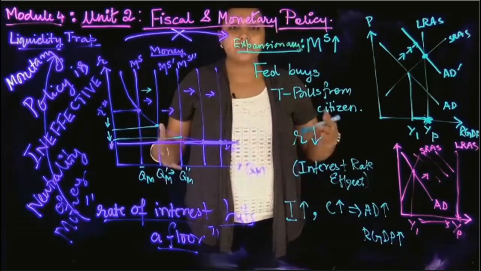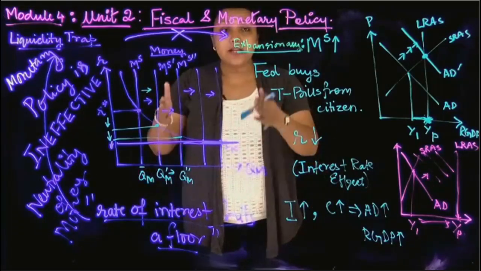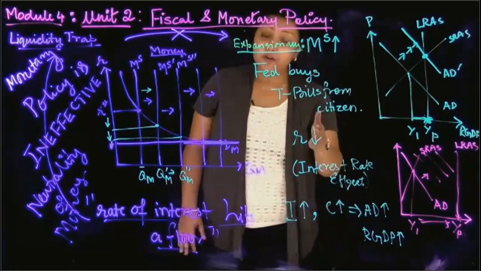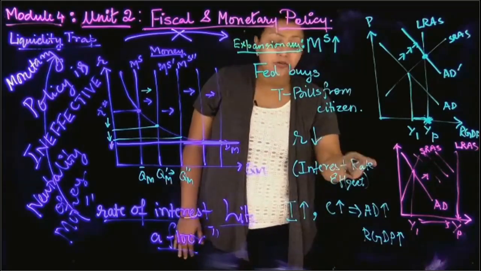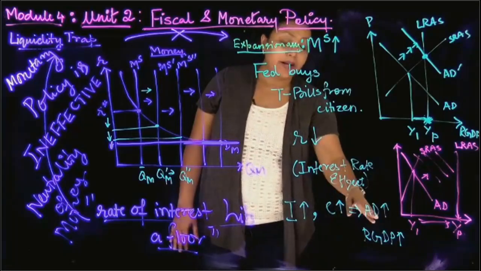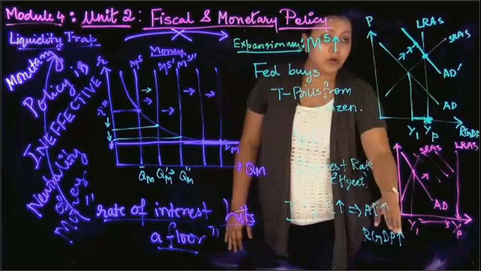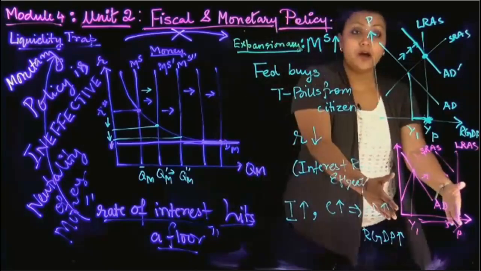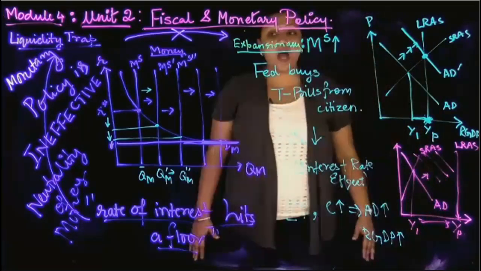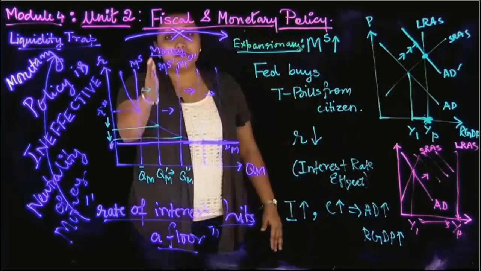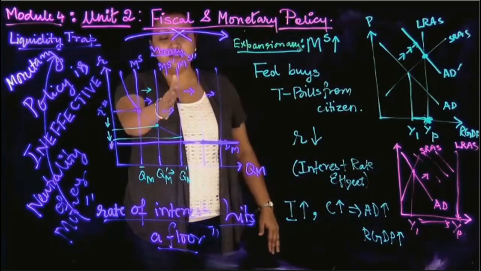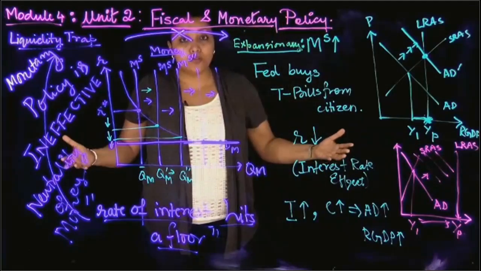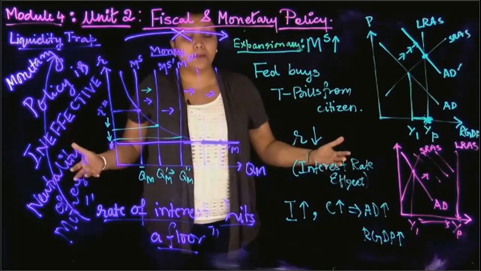So let me summarize this. Whenever there is expansionary monetary policy, money supply increases, rate of interest goes down, and the interest rate effect kicks in, so that aggregate demand goes up, real GDP goes up, as you see in this figure. But if the recessionary gap is too large, then after some subsequent increases in the money supply and the shift of the AD curve, the gap does not wipe out completely.